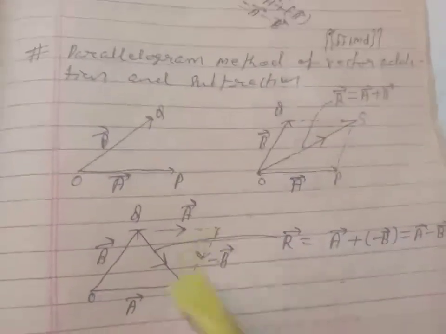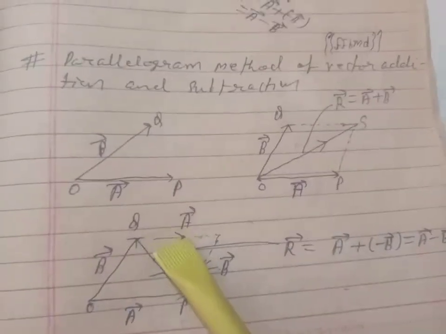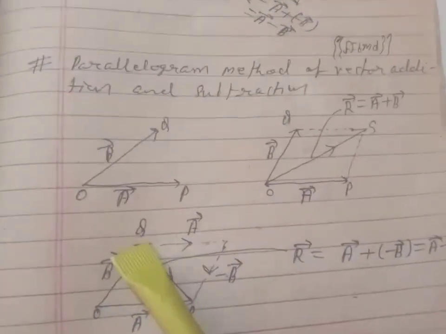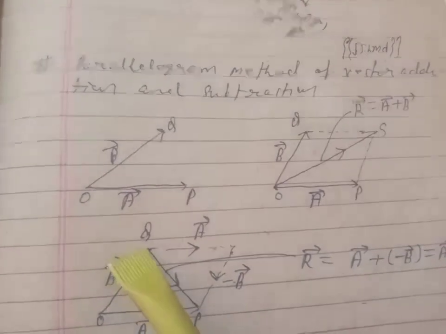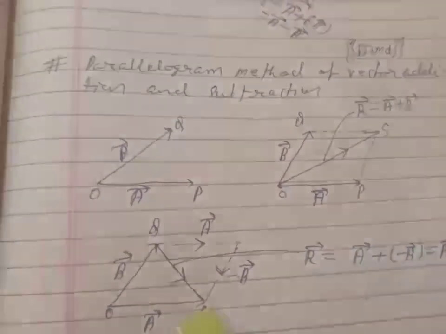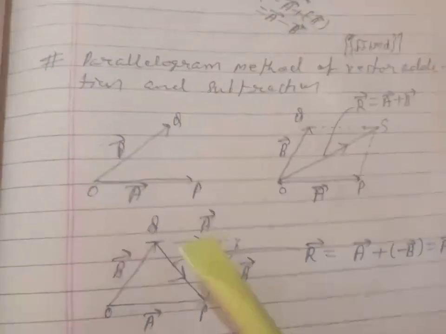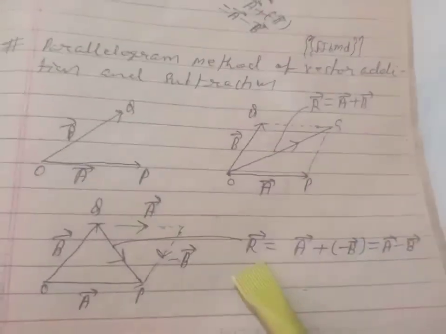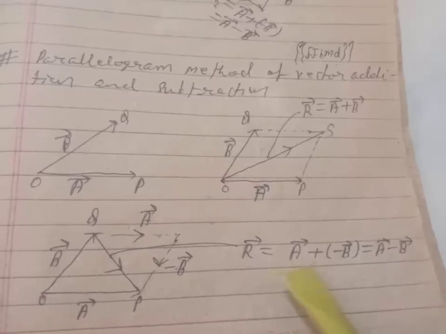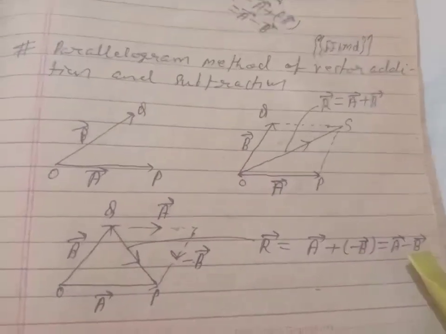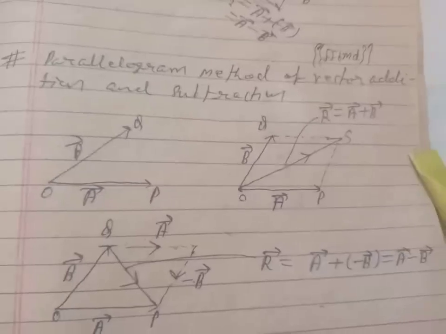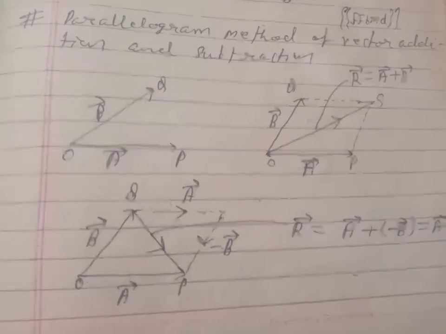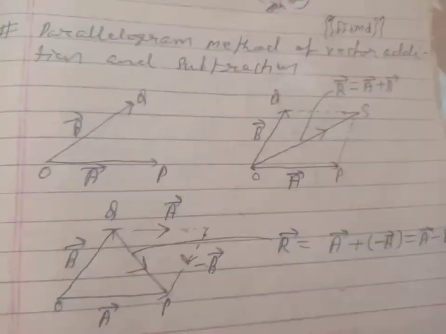Now on the head of A we have put the tail of minus B, so if we draw a line from the tail of A to the head of minus B, this will represent the resultant of A plus minus B. So here we have R equals A vector plus minus of B vector equals A minus B vector. That is, one diagonal represents A plus B and the other diagonal represents A minus B. This is the vector law of parallelogram.